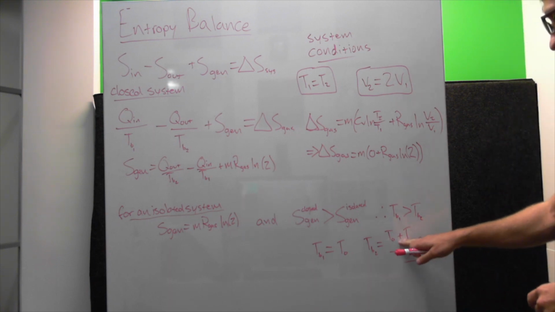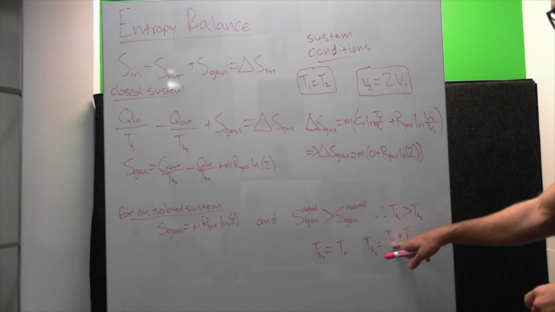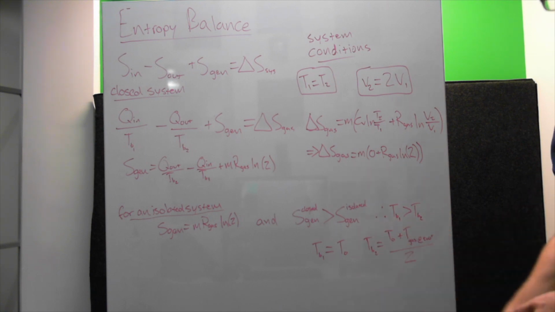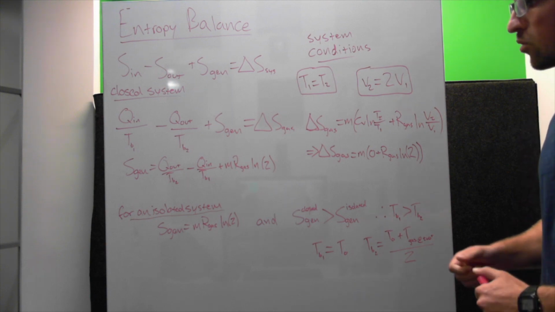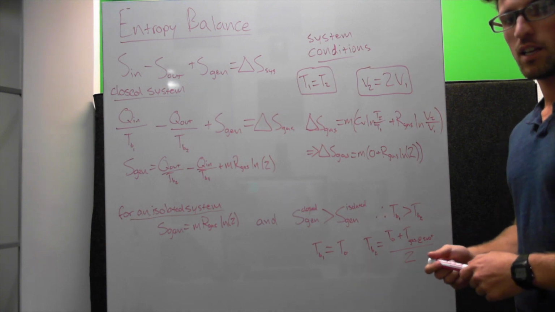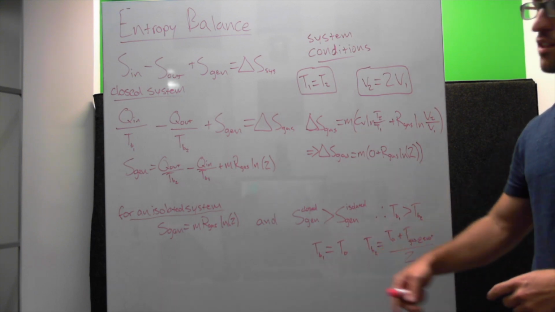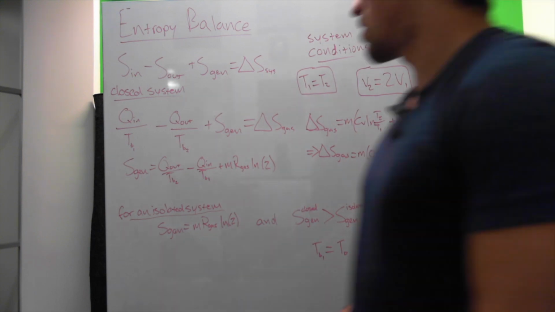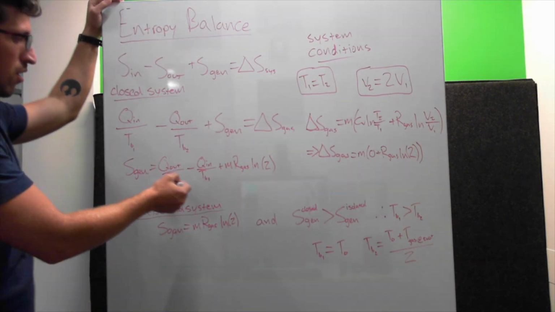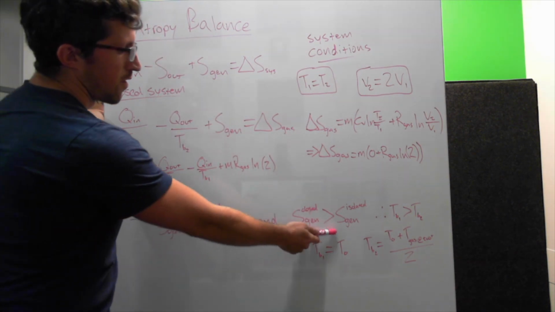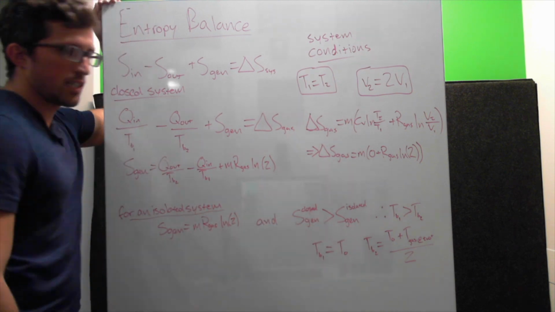And since this term is less than the surrounding temperature, the overall temperature of our boundary when we have our heat out is going to be less than the boundary temperature that we started with, which is going to make our heat out over boundary temperature 2 greater than this, which makes this statement true.